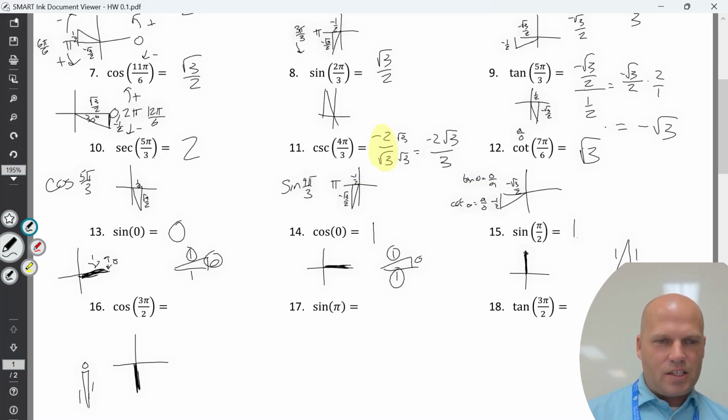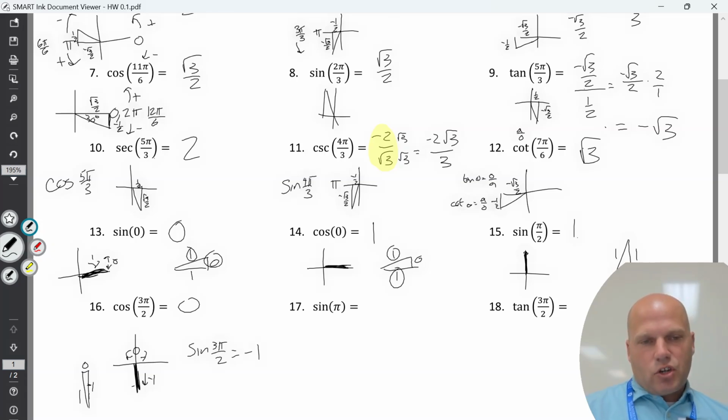So the cosine is going to be 0 because there's no left and right. We don't go left and right. We do go down 1, so I should consider this to be negative 1. So if I ask you what is the sine of 3 pi over 2, you'd say that's a negative 1. Because of this triangle that's created, or because of the y-coordinate, this is a true statement that the y-coordinate on the unit circle is going to be the sine of the value.